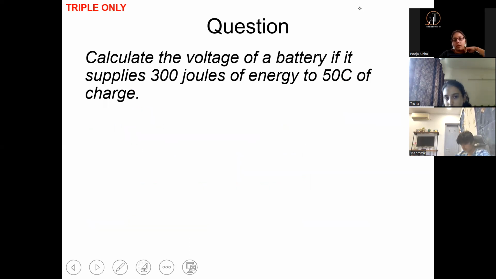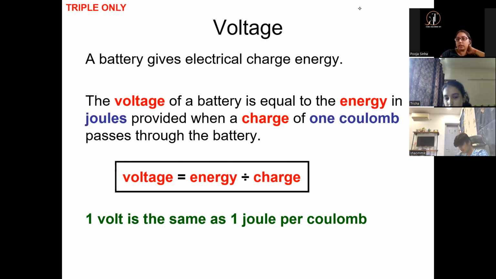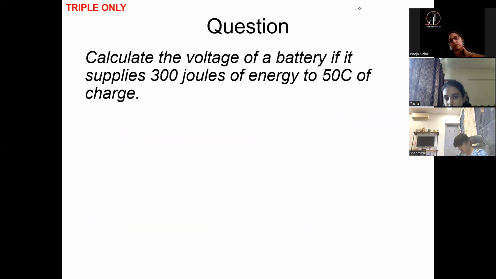Okay, so what was the formula we just learned? Voltage is equal to energy upon charge. Do this question. What is the unit for voltage? Volt. V-O-L-T, volt. Symbol is capital V.